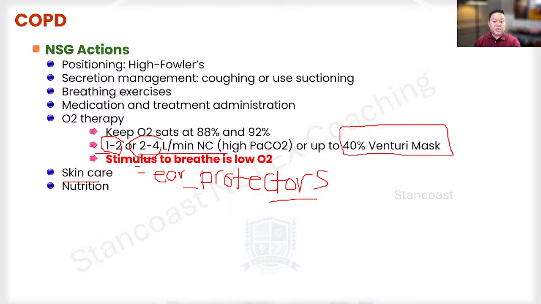Now, there's also a need for us to maintain the nutrition of the patient, because they're really going to require adequate nutrition, because the increasing breathing effort will raise their caloric needs. So make sure that we are providing them the appropriate, adequate nutrition. Now, again, we are going to weigh our patient.